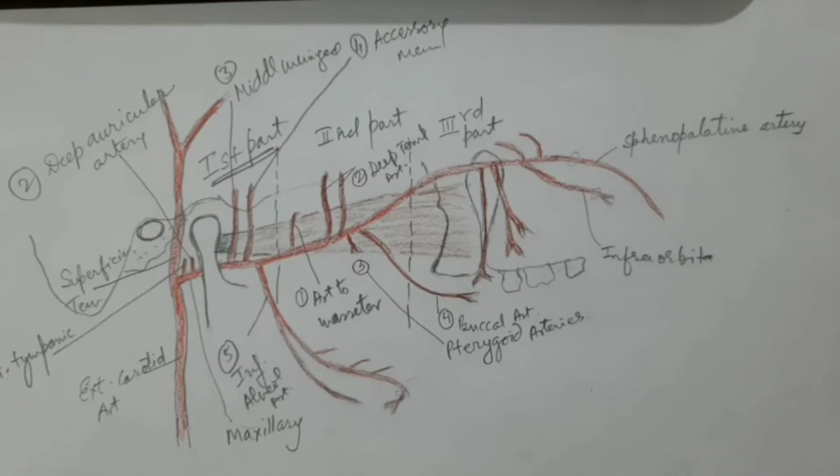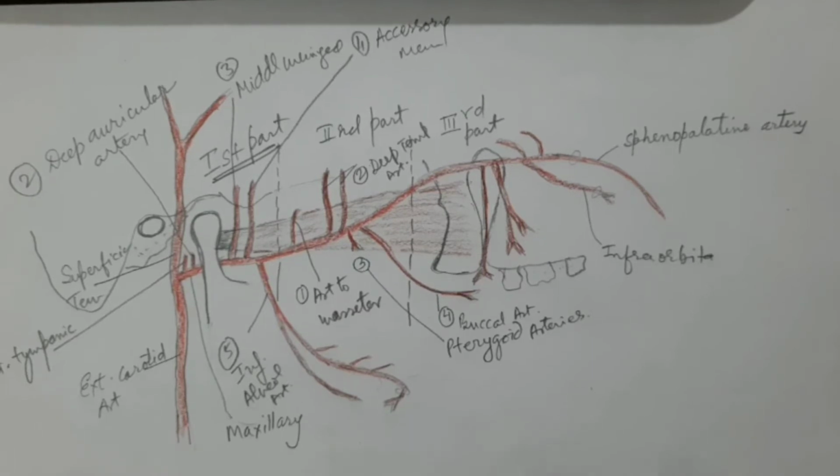Okay, it supplies the skin and mucosa of the cheek. So there are four named branches, which will supply the blood of the area of the infratemporal fossa and going right up to the cheek and the masseter muscle.